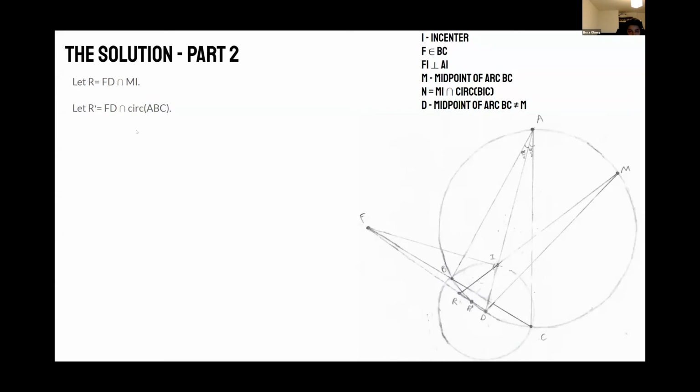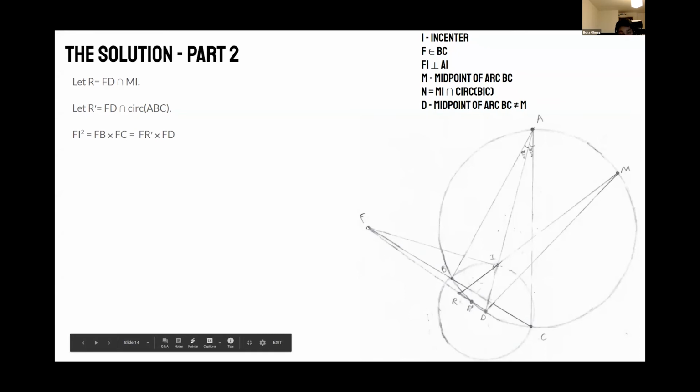So now we realize that FI squared is FB times FC, with the power of a point, as FI is tangent to the circumcircle of BIC, and B and C are of course on this circle, and F, B and C are collinear.